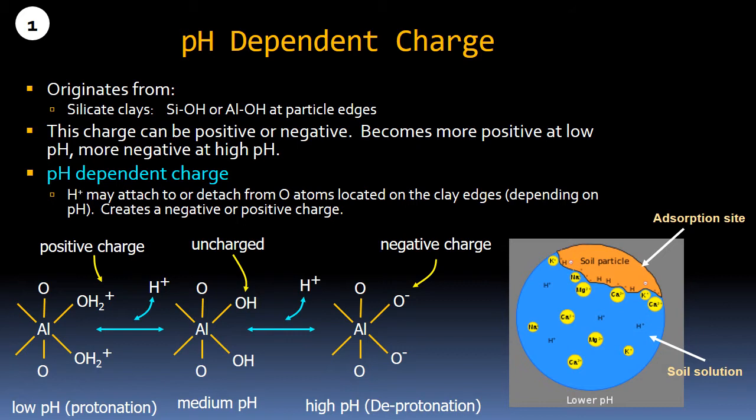Now, what happens with the increase or decrease of pH? Well, I want you first to look at the picture here to the right. In the soil you have two things. As you see in the picture, you have the soil particles, and on the soil particles we have what we call the adsorbed sites, because there you have the negative charges, and some of the cations are attached to the soil, they are adsorbed.